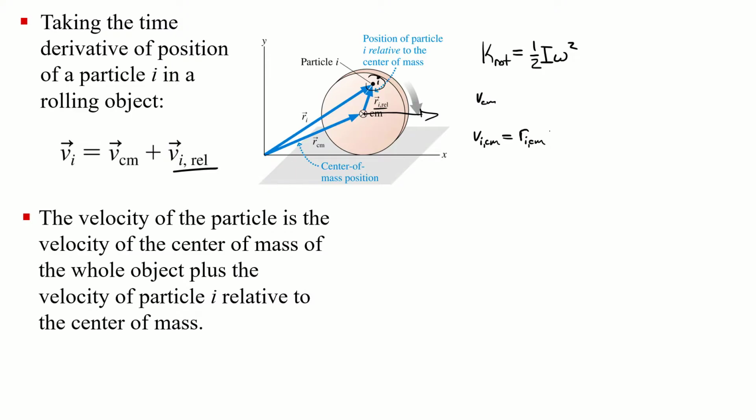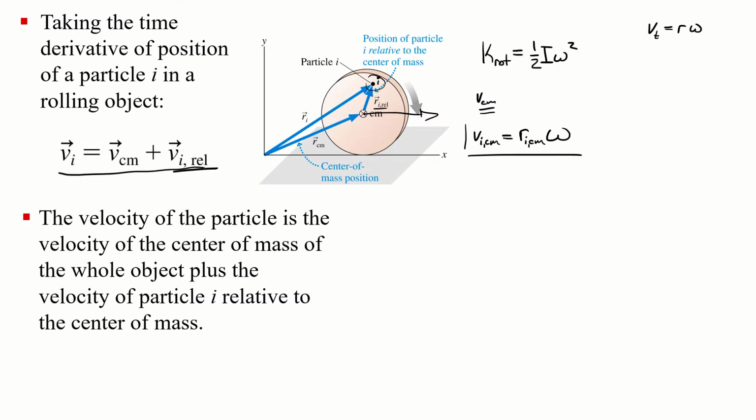times the angular velocity. This is just that relationship we have where the tangential speed is equal to r omega. If I'm at the center of mass, that's what I get for that object. But I also have to consider that the center of mass is moving at its velocity.